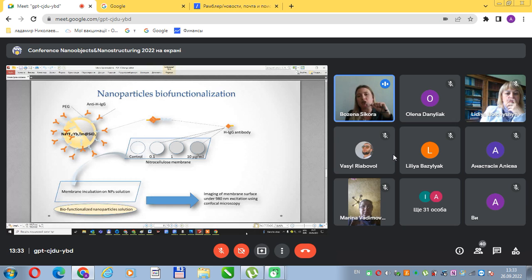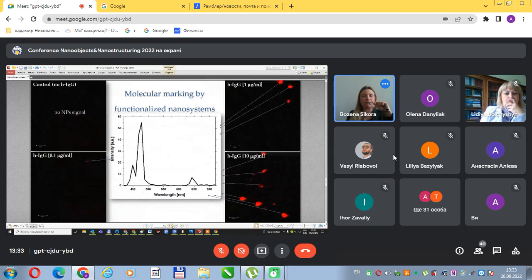Could you change the slide, please? And we observed the signal only from this place of the membrane covered by HEGG protein. And we observed increased signal from this part of the membrane with the HEGG concentration.